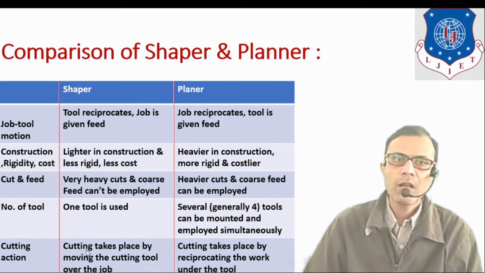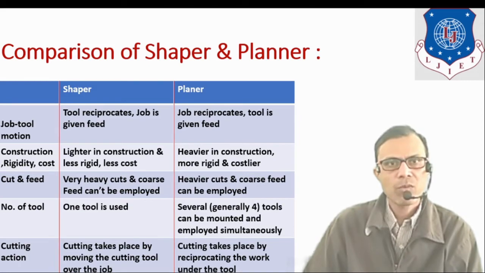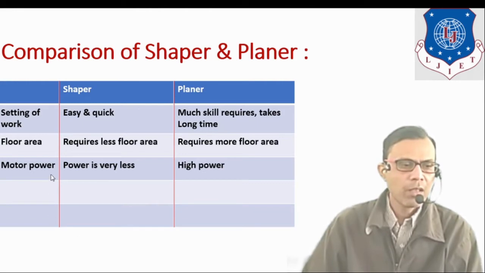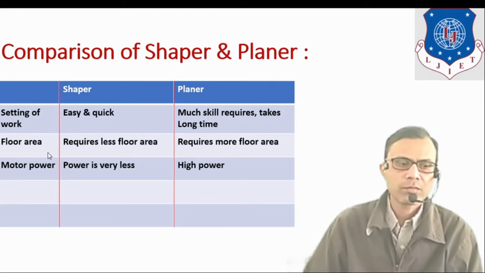Cutting action, how does it take place? In the case of the shaper machine, cutting takes place by the moving tool which reciprocates with the ram, and in the case of the planer machine, cutting takes place by the reciprocating work under the tool. Now another point is setting of the workpiece.